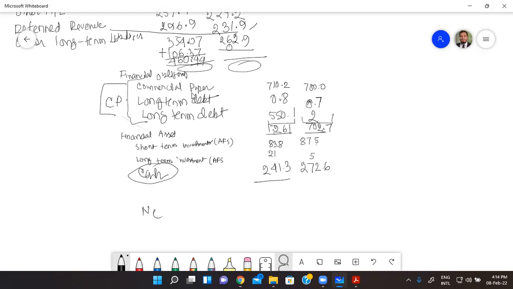Okay, what about the financial assets? Sum up these financial assets. Note that it is 83.8. What is the net financial assets in 2007 and 2006?